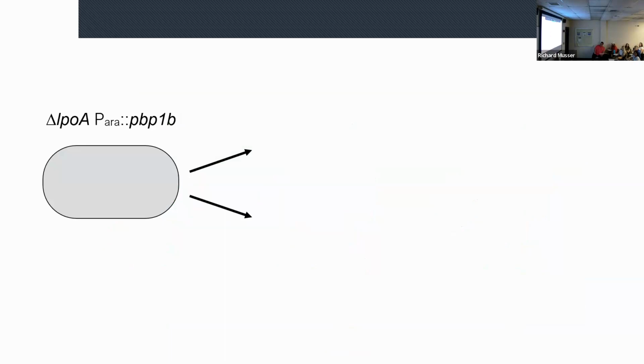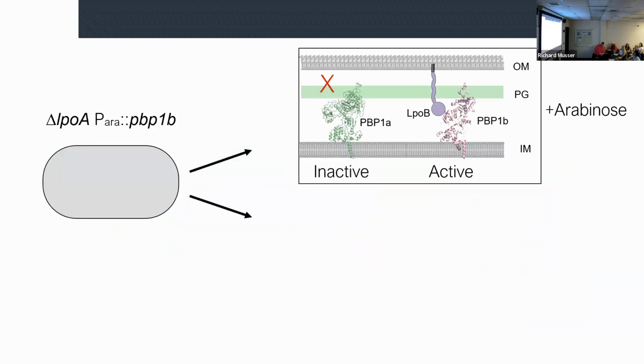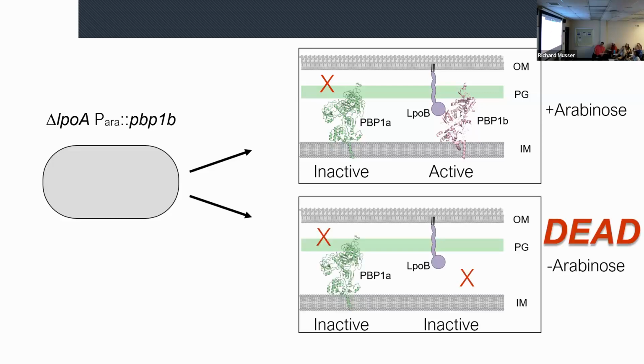I can then place PBP1B under control of an inducible promoter. If the inducer is present, PBP1B is produced and the cell is alive even though there is no PBP1A activity. If I remove the inducer, there is no longer any PBP1A activity and no PBP1B activity, so the cells die.